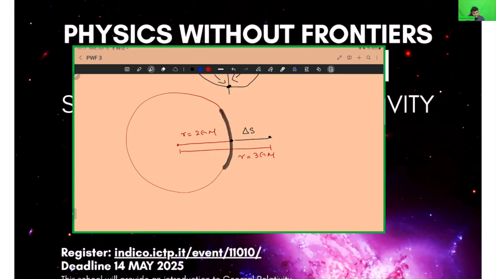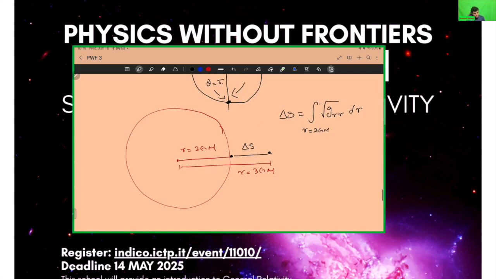Okay. And you can do this calculation. It's not that hard to do. So how do you do that? Well, for delta s, you are only going in the radial direction, which means that you need to integrate the square root of GRR dr from r equals 2GM to r equals 3GM, right?